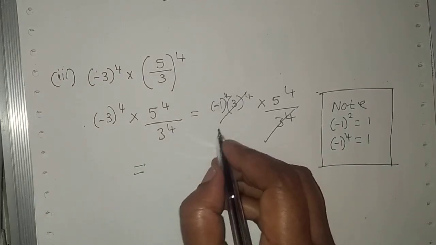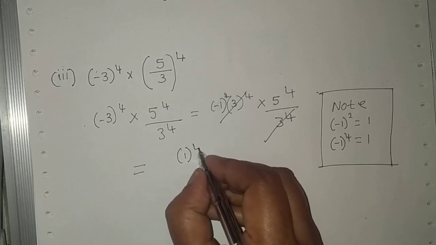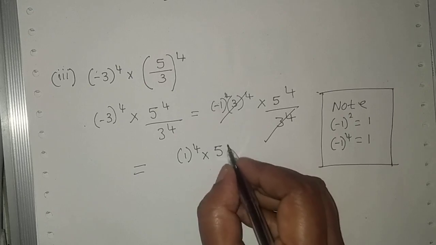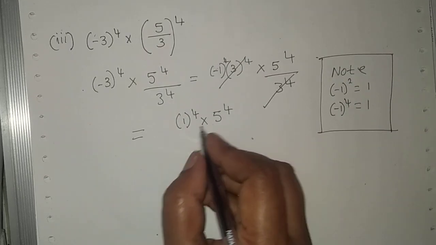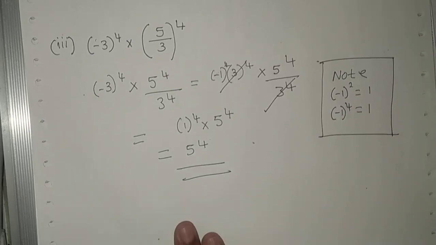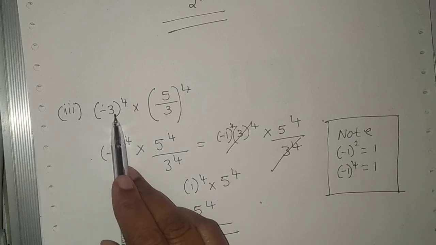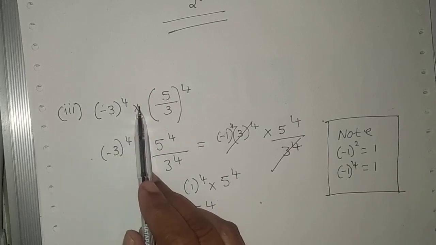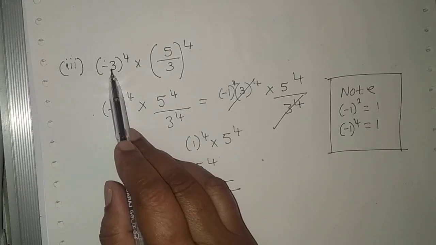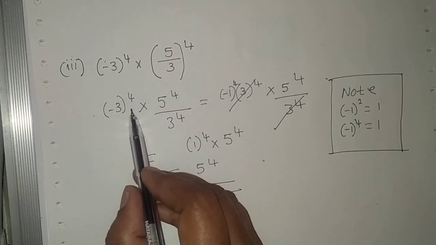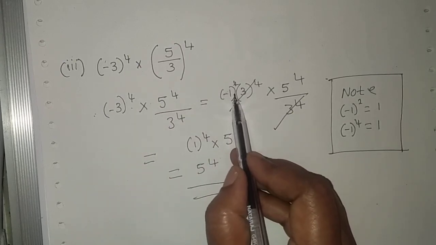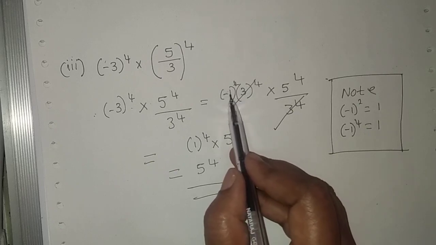Therefore next step is 1, this also becomes plus here, into 5 power 4. Therefore this will become 5 power 4. That's the answer. So once again I'll explain here. So here (-3)^4 into 5 by 3 to the power of 4 is there. So positive 3 is there. So we have to make this also positive. To make this positive, we have to take minus 1 outside like this. Minus 1 into 3 is also minus 3.